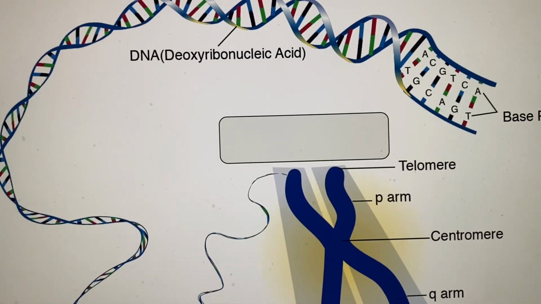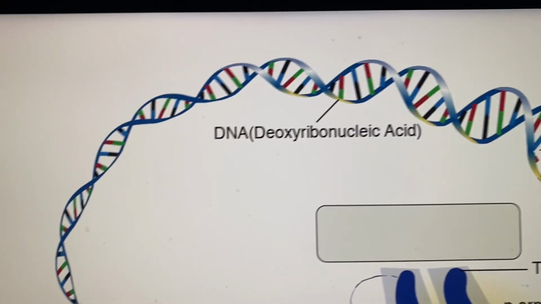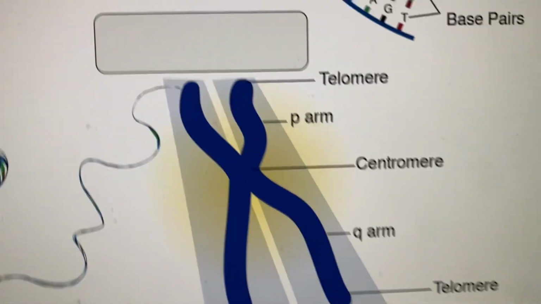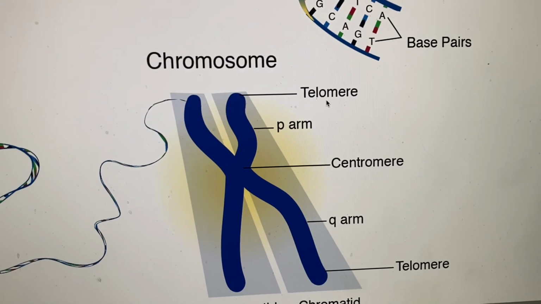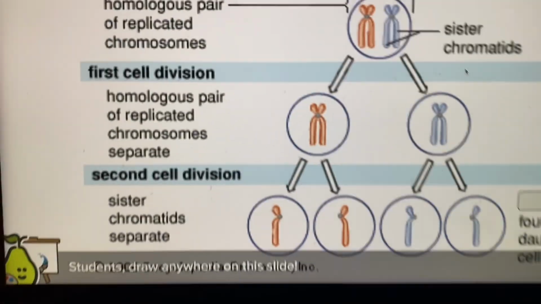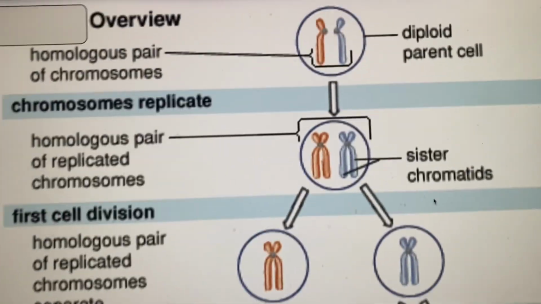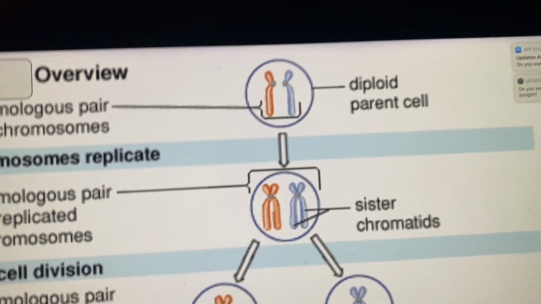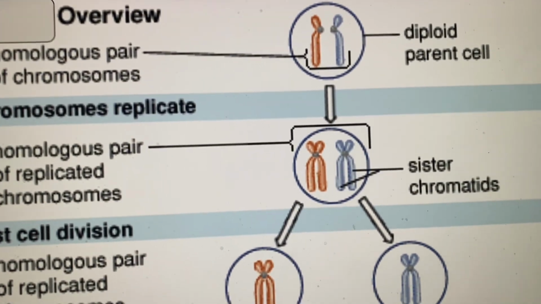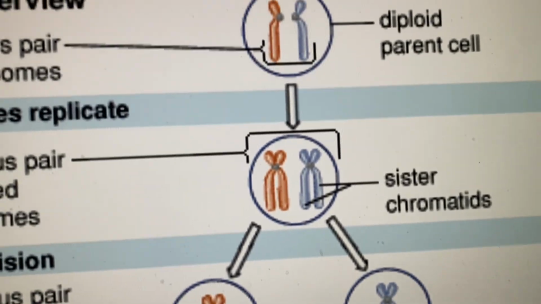Yeah, last test we were talking about DNA and genes and these things right here. What do we call one of those? Right, that's called a chromosome. And we learned that chromosomes carry the genes on them, and then they are sorted during sexual reproduction.